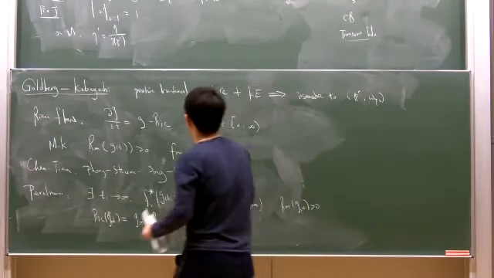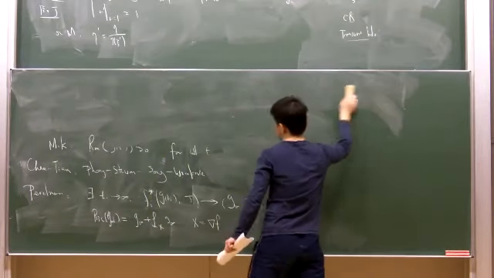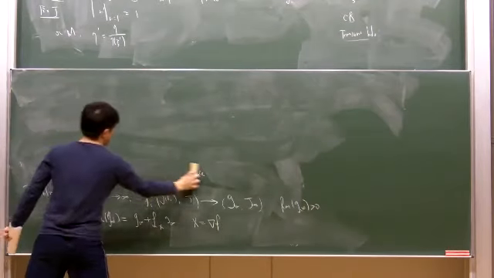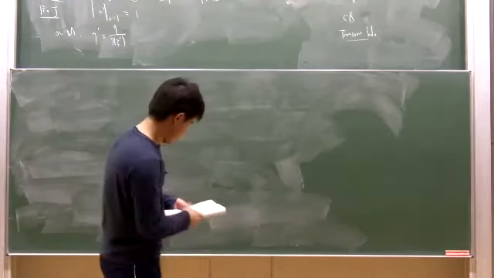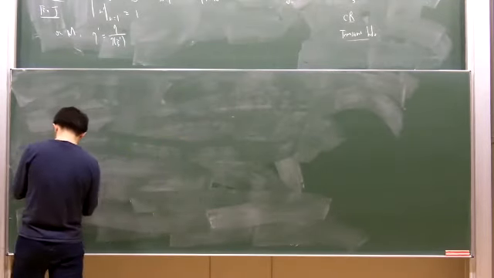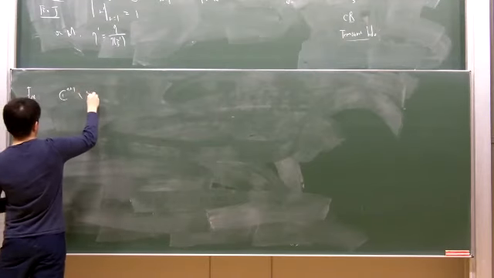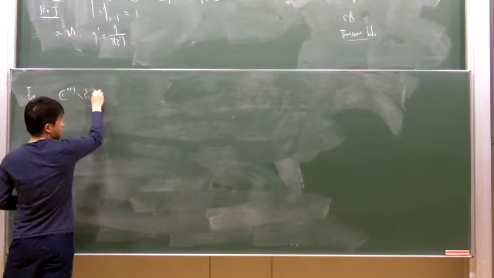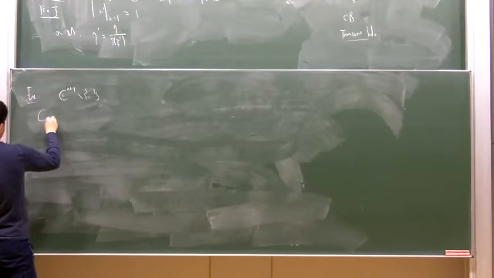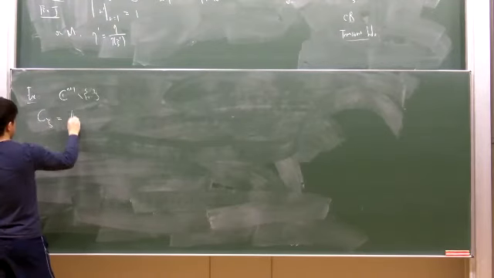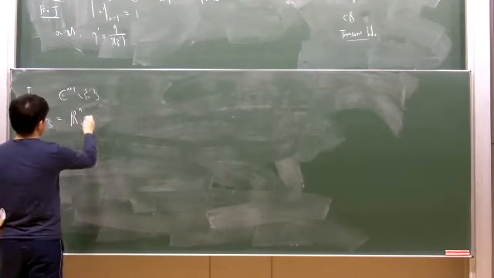So the example. I only have the example of the sphere. So take again the sphere, and we know there's a standard Reeb field, and the Reeb cone for this will be simply R_{>0}^{m+1}.